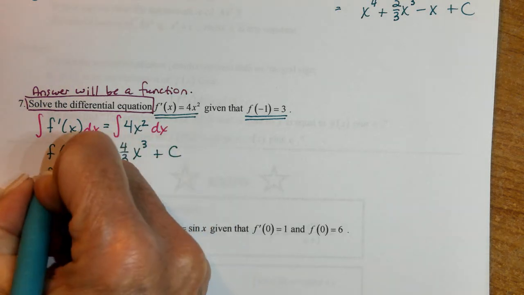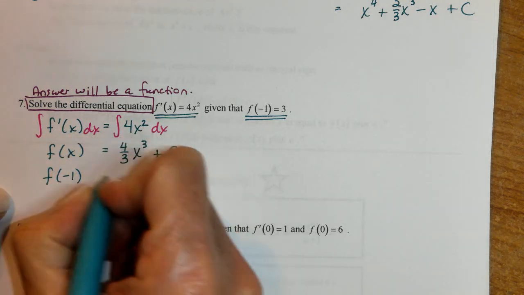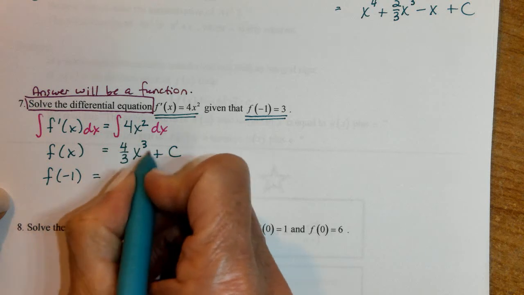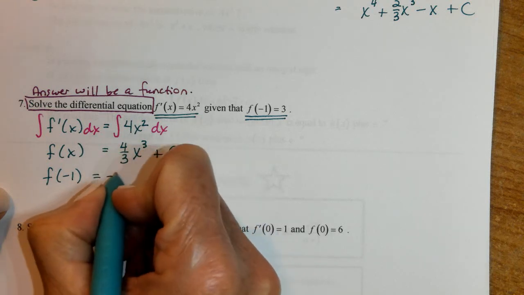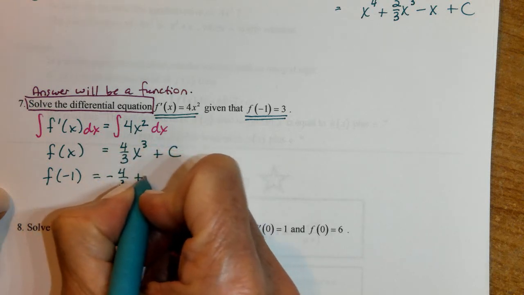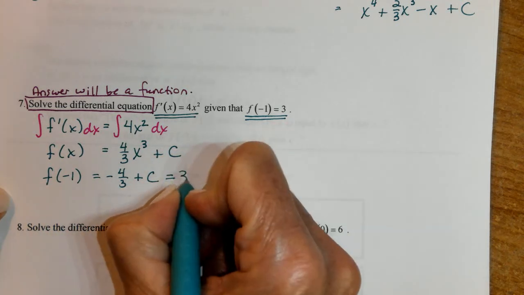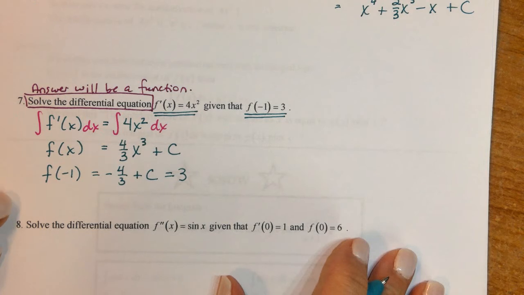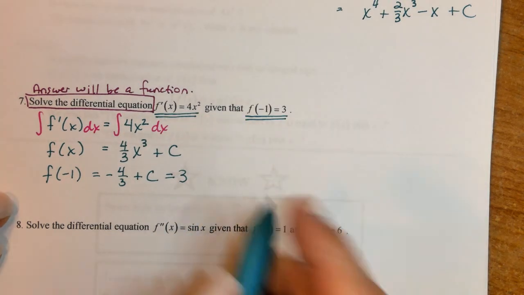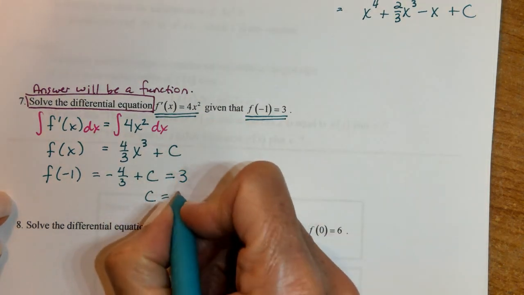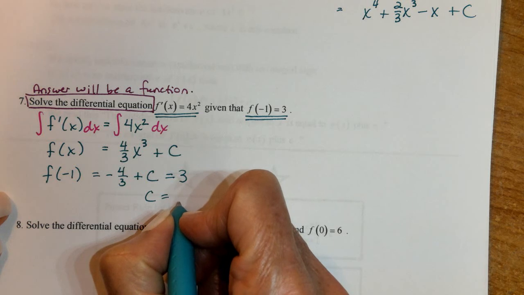So we're going to replace x with -1. If I replace x by -1, I get a -4/3 here, plus c, and that has to be 3 to satisfy this. So c would have to be 3 plus 4/3.